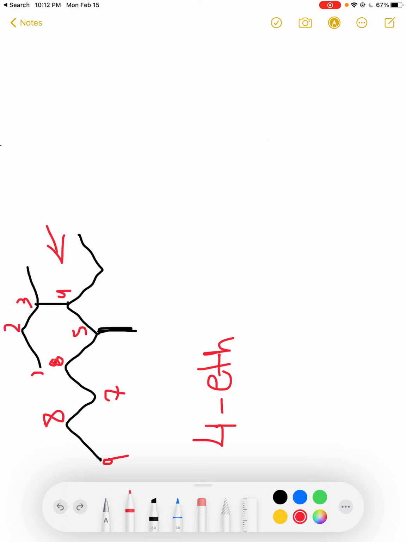Now I'm going to go on to the third one she gave us. The third structure, which was, I'm going to draw that right here.